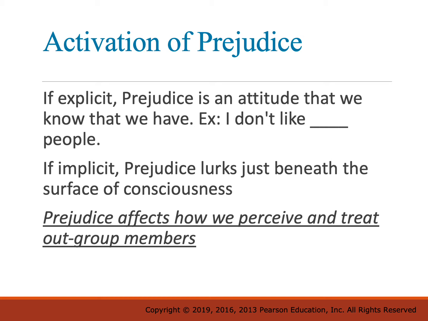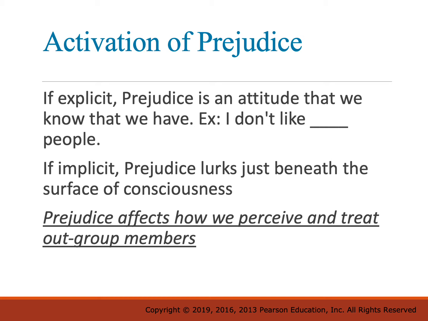But if he has implicit prejudice, so he's not really consciously aware of it, if it's lurking just beneath the surface of his consciousness, then he's not necessarily going to say that, right? If he is not aware that he has this implicit bias against people of color, then he might not ever say or think, I don't like African Americans, or I don't like people of color, right?